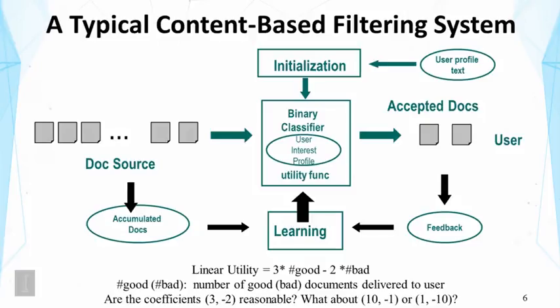In this case, one commonly used strategy is to use a utility function to evaluate the system. Here I show a linear utility function that's defined as, for example, 3 multiplied by the number of good items that you delivered minus 2 multiplied by the number of bad items you deliver.